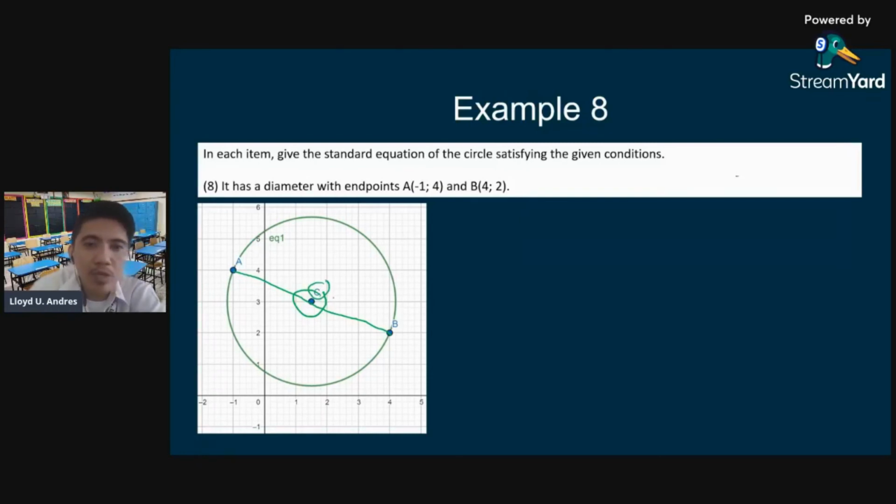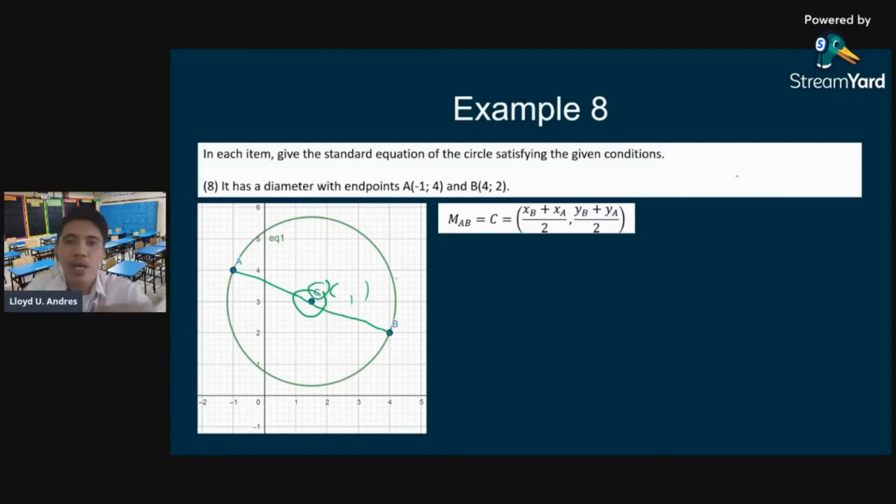So to determine the coordinate of this center, we need the formula for the midpoint. Let's recall the formula on how to solve the midpoint. The midpoint of AB will also equal the coordinate of your center.